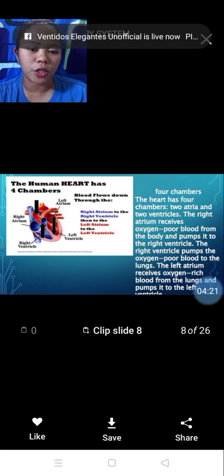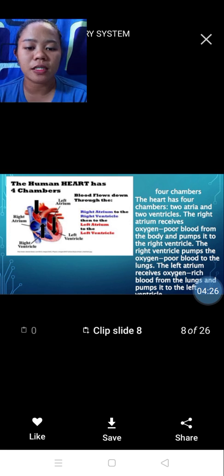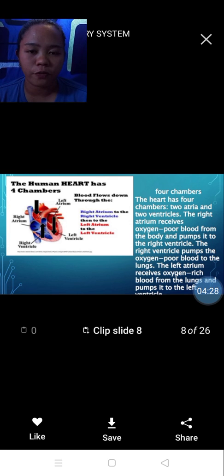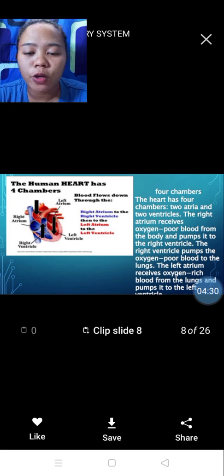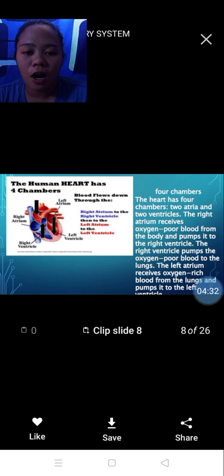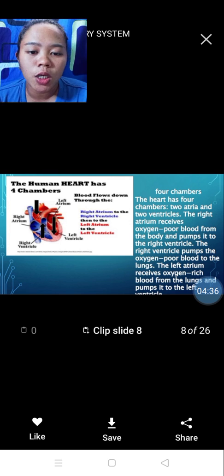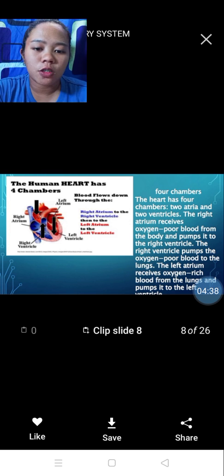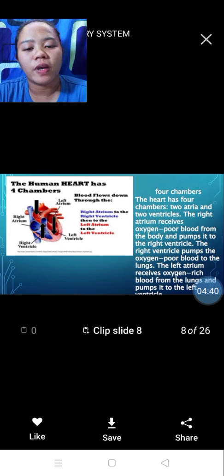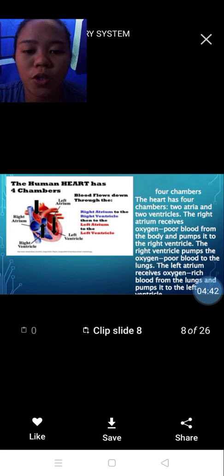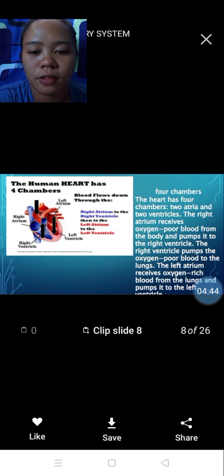So, the left atrium receives oxygen-rich blood from the lungs, and pumps it to the left ventricle. Yan po yung four chambers ng ating heart. Yan po yung chamber ng ating heart.